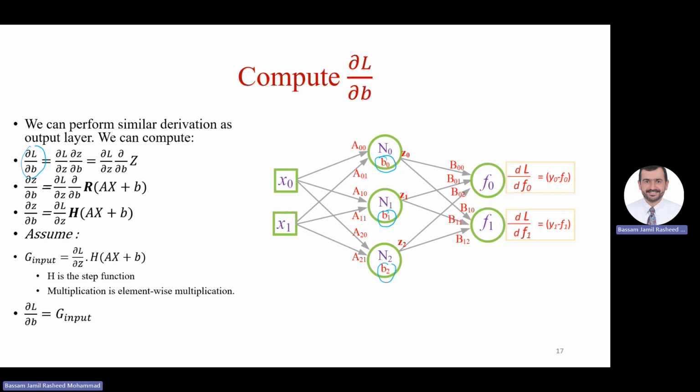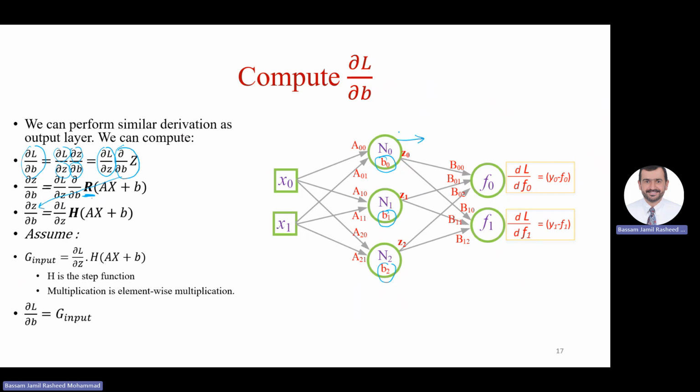This is equal to delta L over delta Z times delta Z over delta b. Well, delta L over delta Z I have computed already, and I'm left with delta Z over delta b, which, if you do the math over here, is equal to, since this is an output of a ReLU, what is the output of a ReLU here?